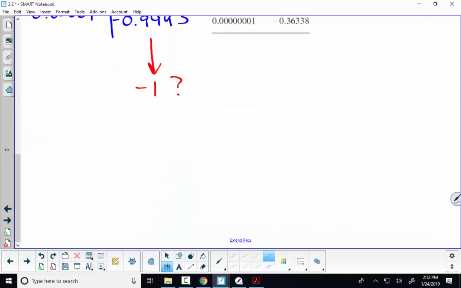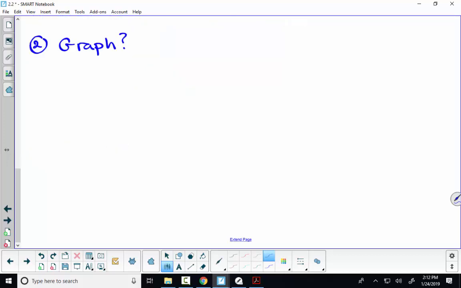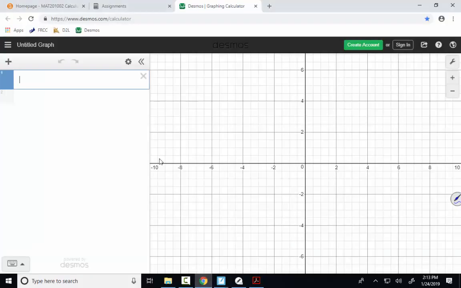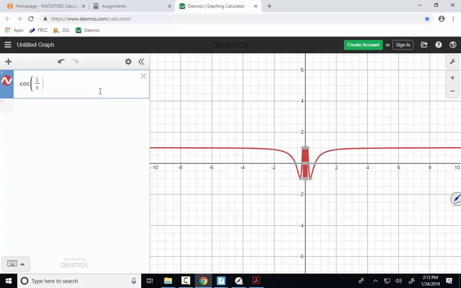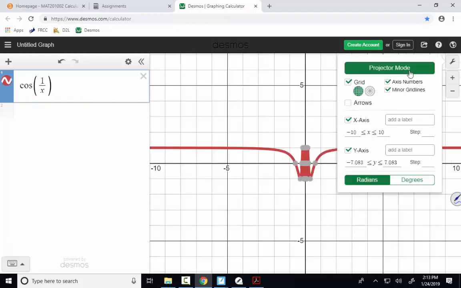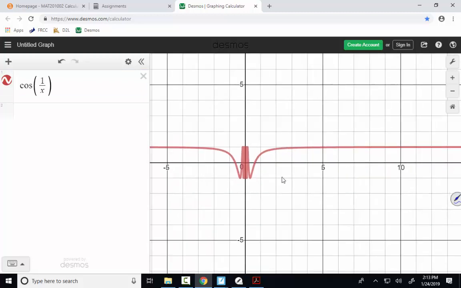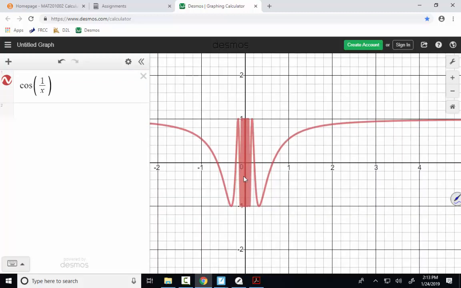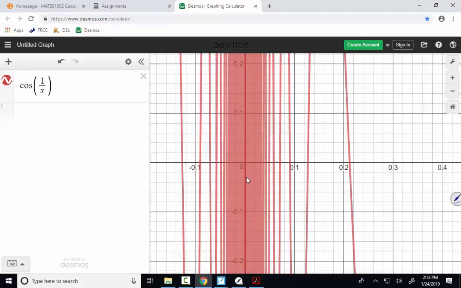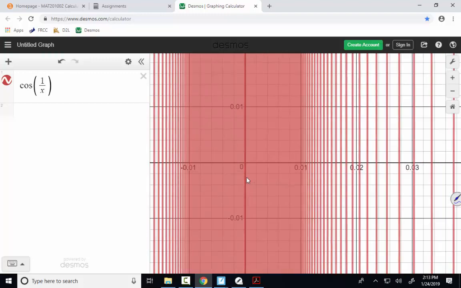Okay, so then how about the graph? It's fine outside of 0, right? But when we get closer and closer to 0, it starts to look weird.